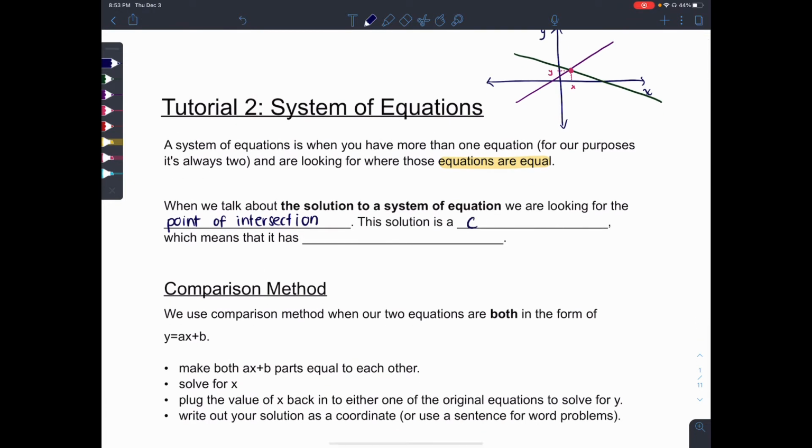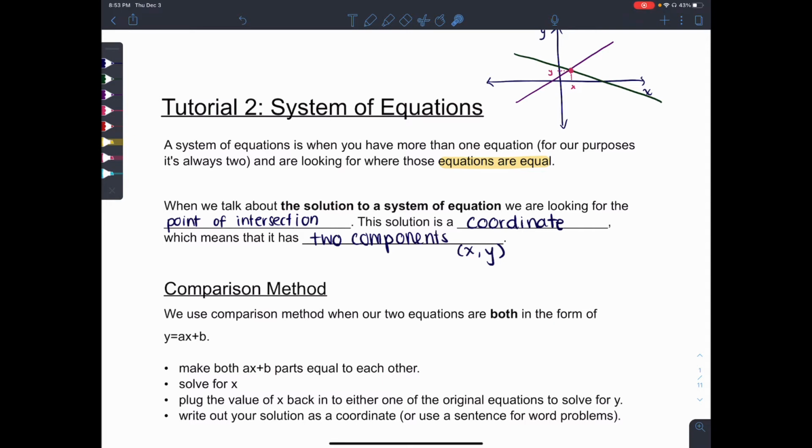So since this solution is a coordinate, that means that it has two components. So it has an x and a y component, which is something that's important because sometimes students will find one and then they'll forget that they have to go back and find the other. So you're really looking for the coordinate of the intersection point.